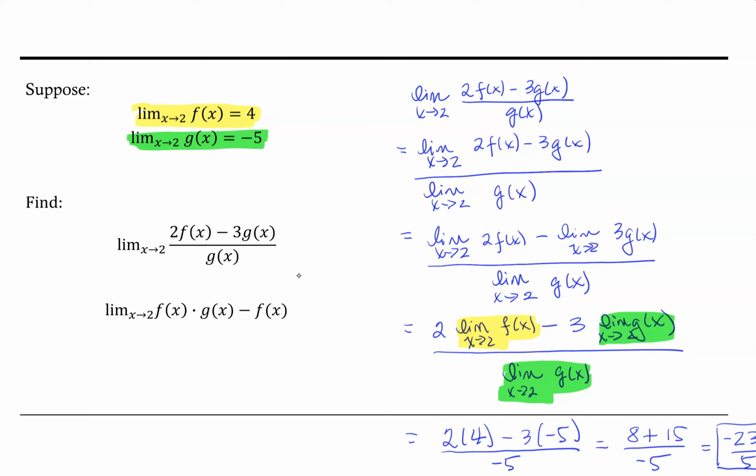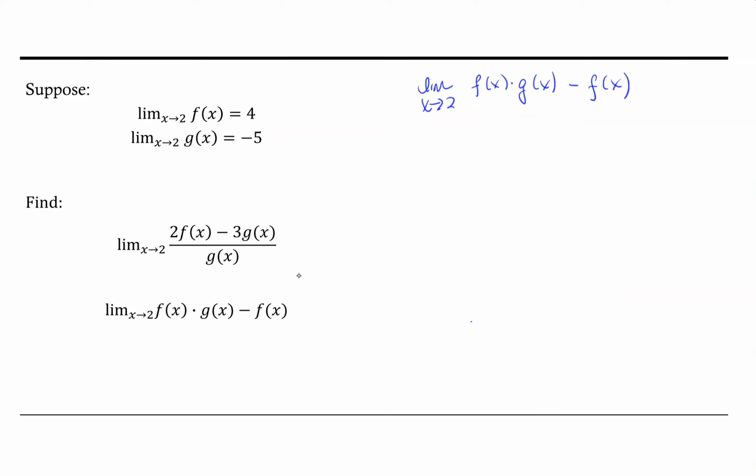Now let's go ahead and take a look at the second example. In our second example, we're looking to find the limit as x approaches 2 of f of x times g of x minus f of x. So we want to apply our limit laws such that we can substitute in these known limit values.